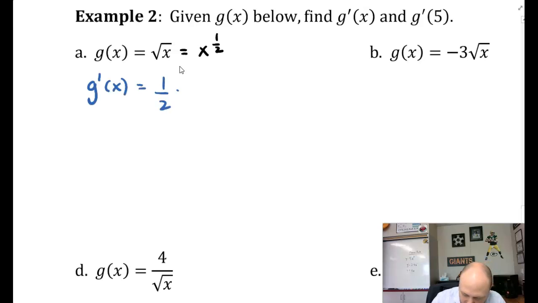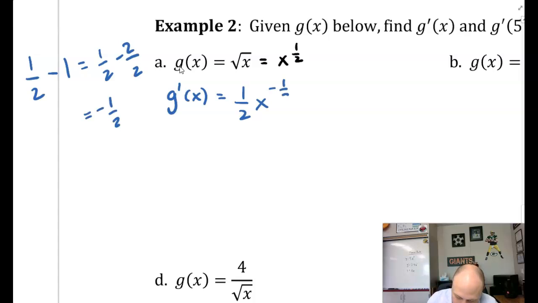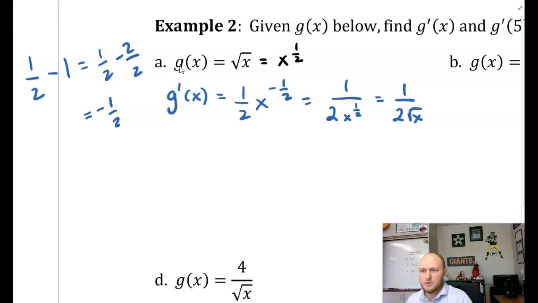This is 1/2 x, and then I subtract 1 from 1/2. 1/2 minus 1 is equal to 1/2 minus 2 over 2, which is equal to negative 1/2. So negative 1/2. If I wanted to clean this up, this is 1 over 2 times x to the power of 1/2, which is 1 over 2 square root of x.